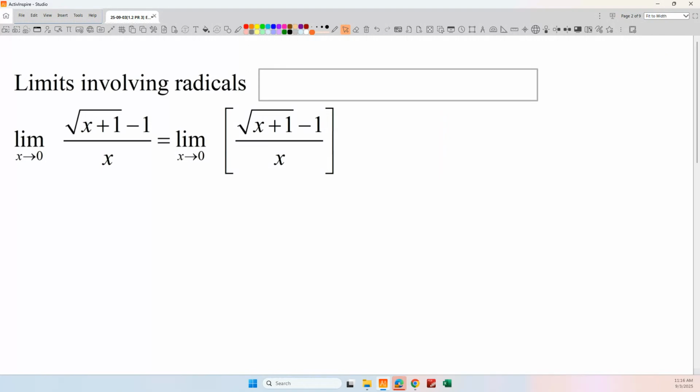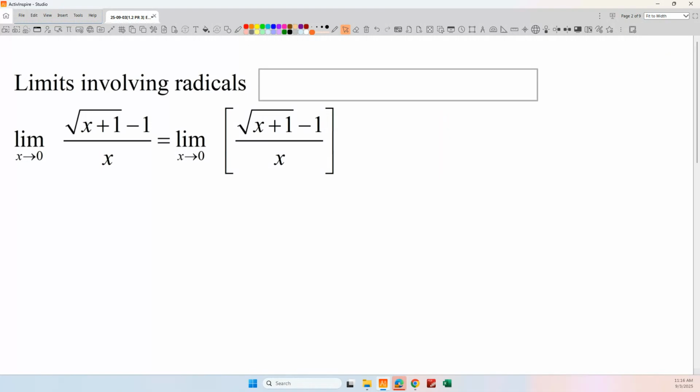If I just multiply top and bottom by x, it doesn't really accomplish anything. x squared, still not going to accomplish anything. Now think about the problem here. On the top, we have to somehow subtly introduce a factor of x. But the expression that goes to 0 on the top involves a radical, a square root.